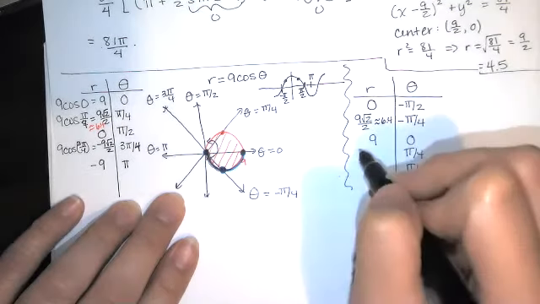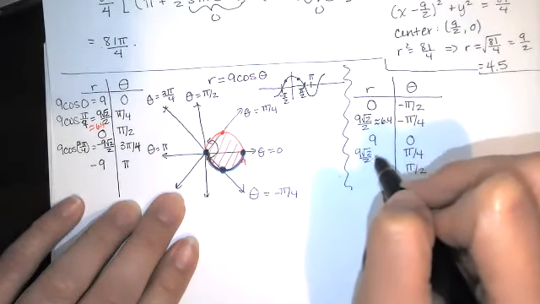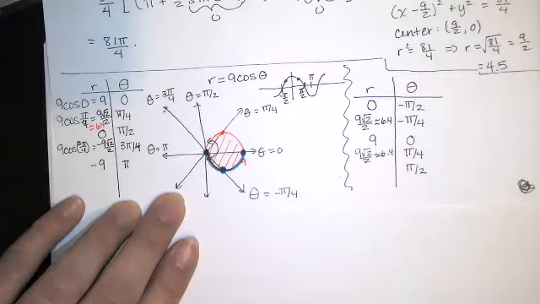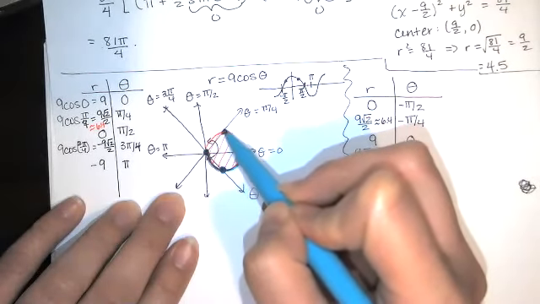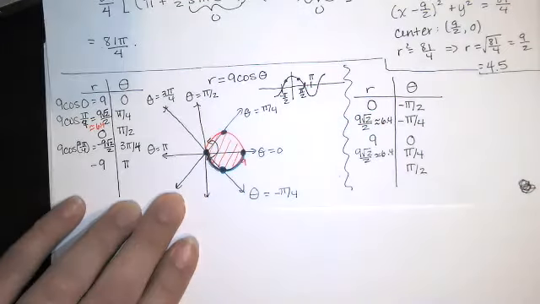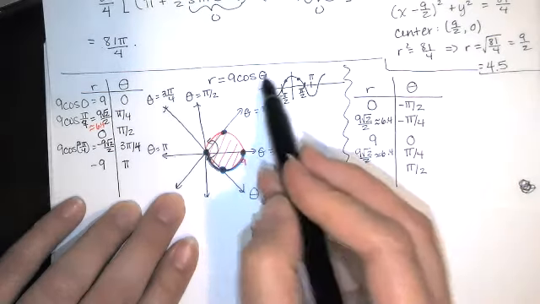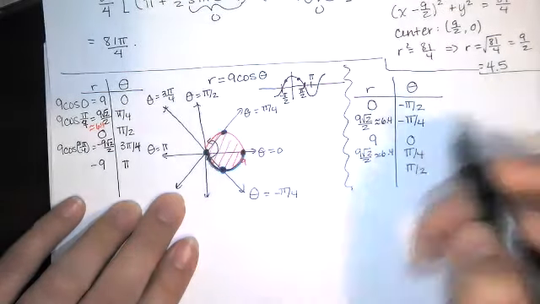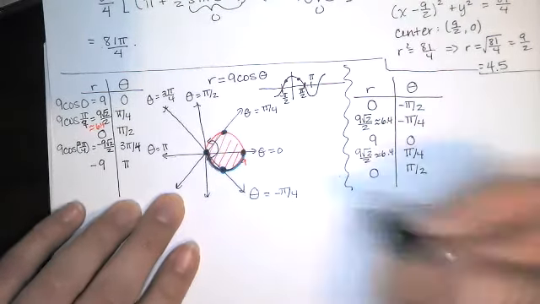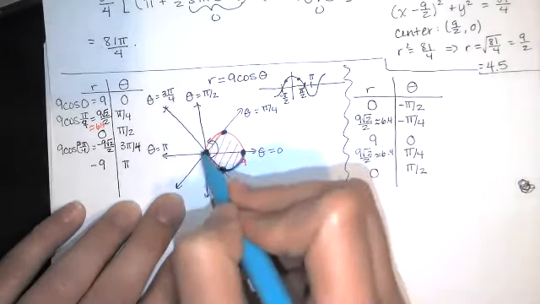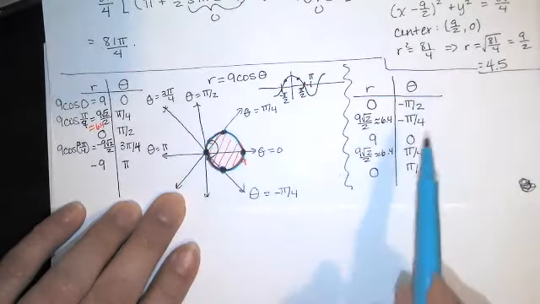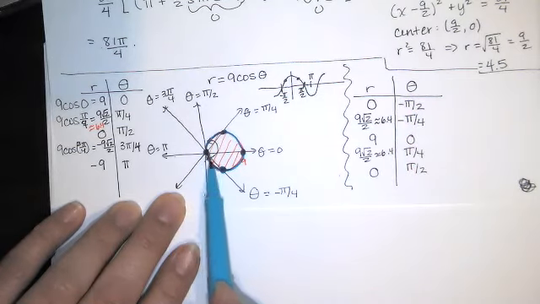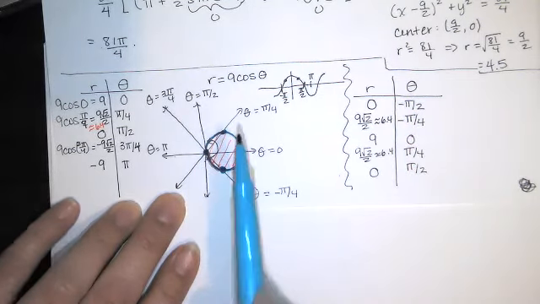At pi over 4, we get 9 root 2 over 2 again, which is about 6.4. So I'm on the theta equals pi over 4 line, and I go positive 6.4 units out that way. And at pi over 2, cosine of pi over 2 is 0, times 9, which is 0. So we end up here. So as theta goes from negative pi over 2 to pi over 2, we get that circle.